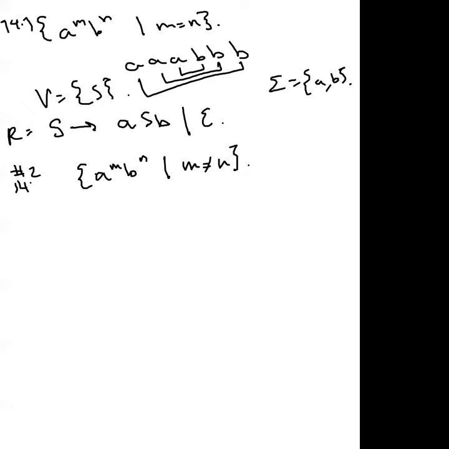So over here, we want to split the task into two parts. Namely, we want a grammar that generates for values m less than n, and a grammar that generates for values m greater than n. Then the idea is that we can take the union of these two context-free grammars, and we'll get a new one that generates both of these words.